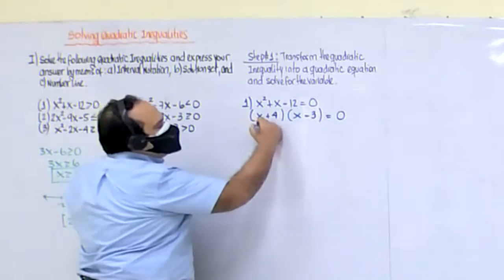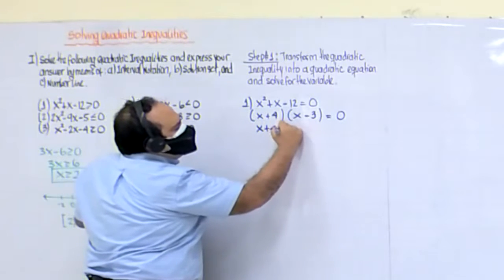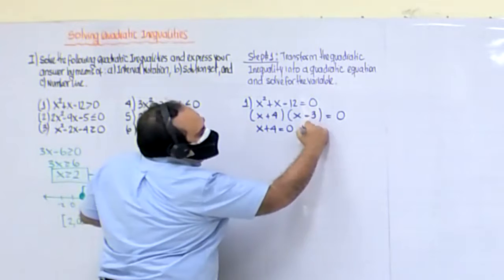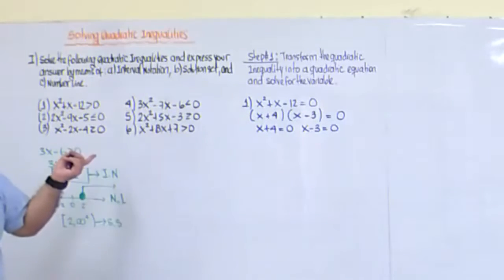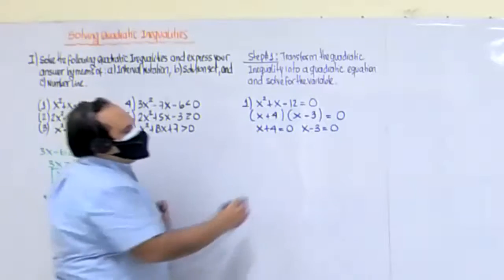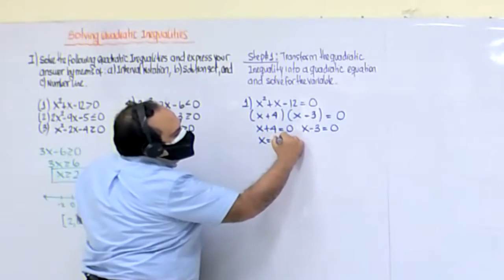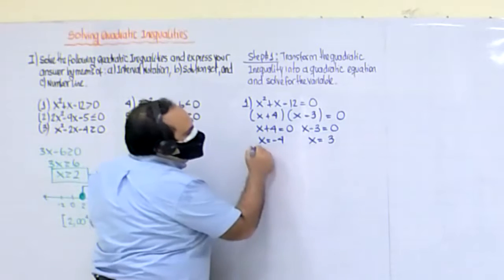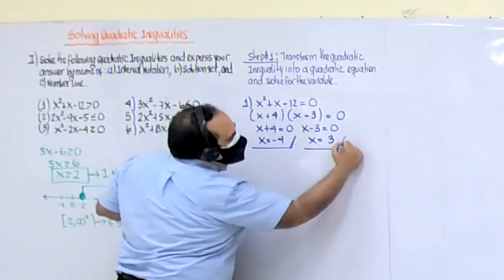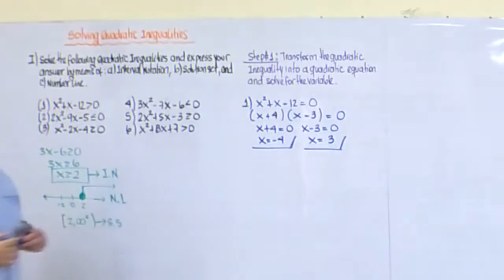So x plus 4 equals 0, x minus 3 equals 0. The null factor theorem. And solving for x, x equals negative 4, and x equals 3. All right? This is going to be step number one.